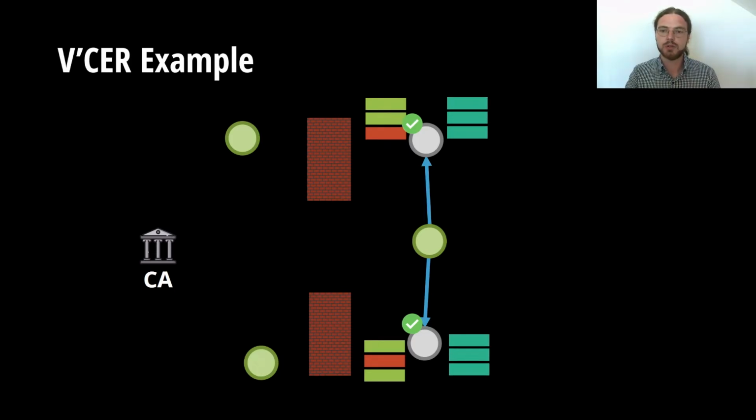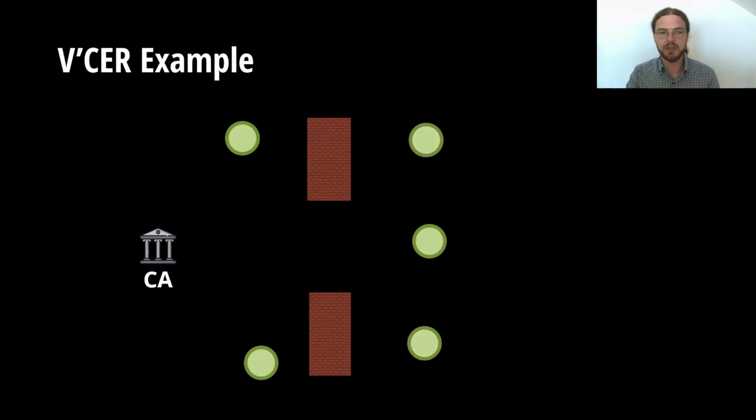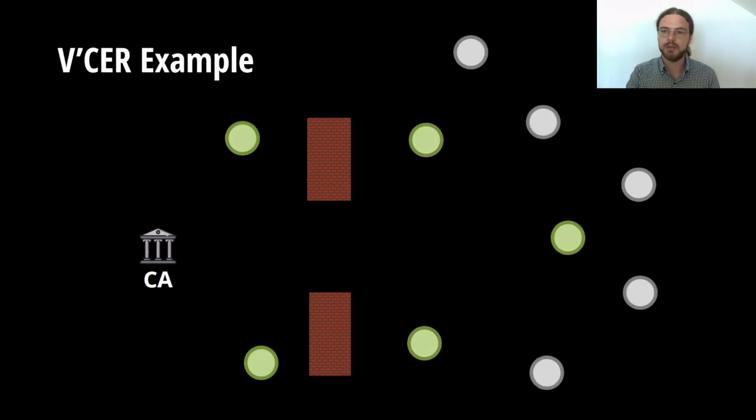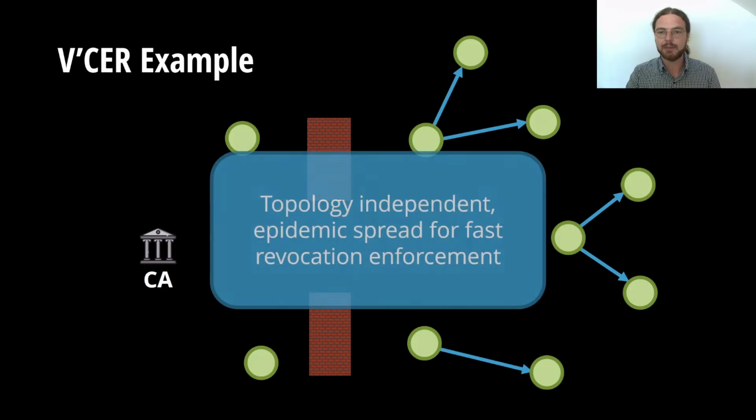And it can also share its up-to-date proof of inclusion, which may allow these nodes to update their own proofs of inclusion. And then, of course, if we have many up-to-date nodes, they may meet some more nodes, and this is where we get this epidemic spread of validation information. So the nice thing about this is that it's topology independent because it only relies on direct contact messages and has a very fast revocation enforcement.